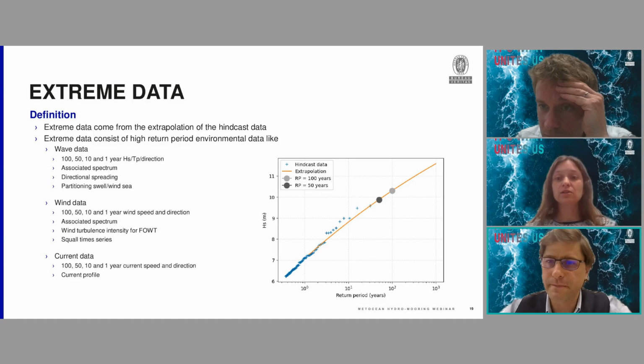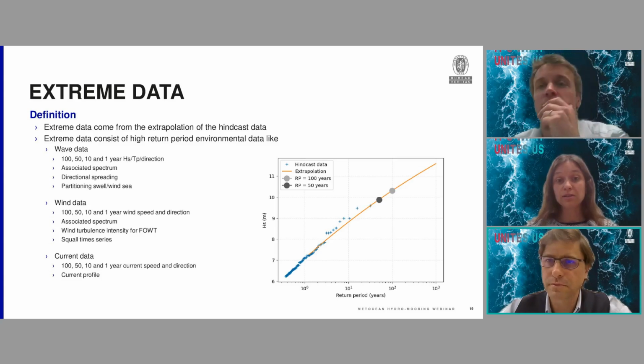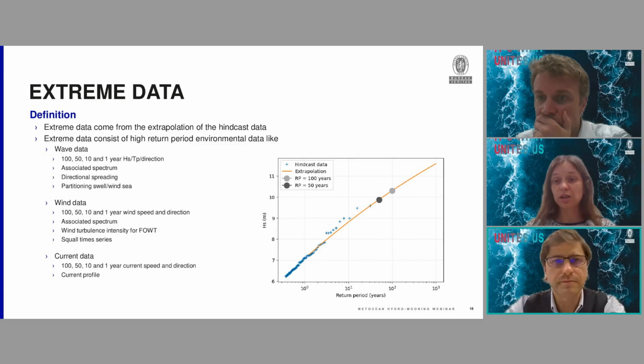So in that case, you can find by yourself your 1 or 5 year return period of data by plotting your scatter diagram, like the blue dots here. Then you can fit an extrapolation on it, and on this extrapolation, you can target the probability that you want, and then you will have your return period. So yeah, you can extract directly the return period from the scatter diagram that you have.